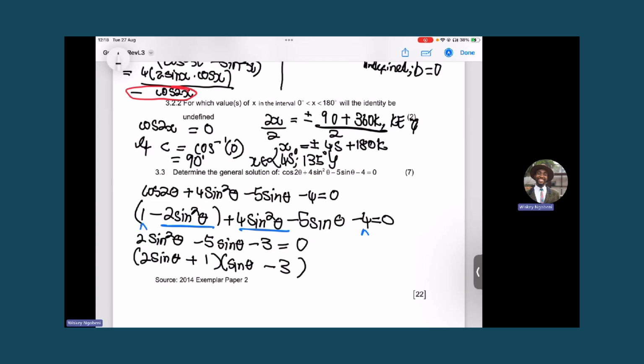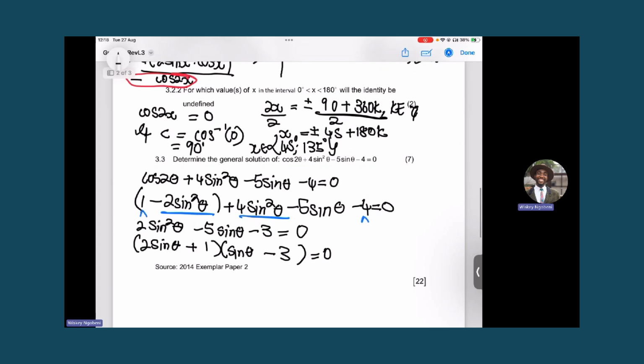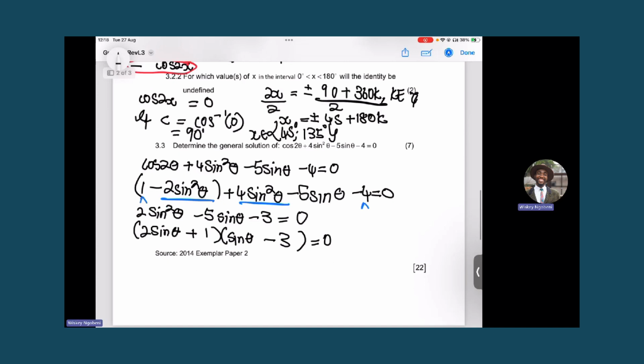So -6 plus 1 gives me -5. So that is factorized properly. Make sure that you get your middle term. So we have factorized our quadratic equation. Now sine theta will be -1/2, or sine theta is equal to 3.